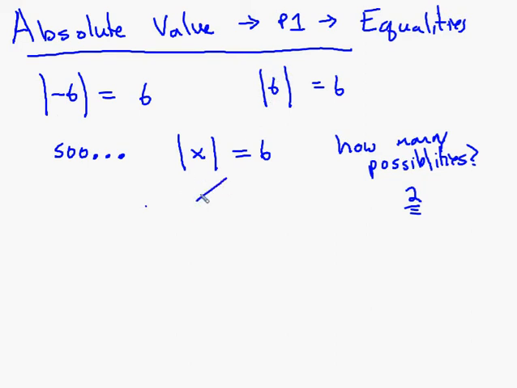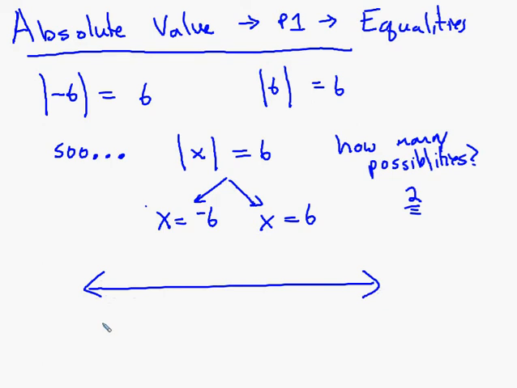So what did we do? We split this into 2 cases. X could be the negative version of that, or it could be the positive version of that. And the reason is because of the number line. Absolute value is distance from 0.